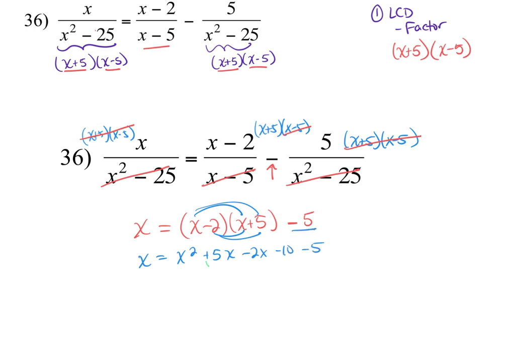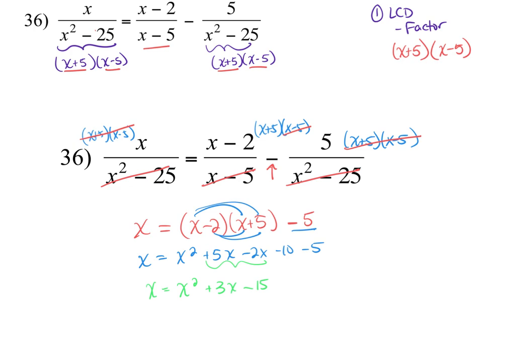Combine my like terms. I have x equals x squared plus 3x minus 15.